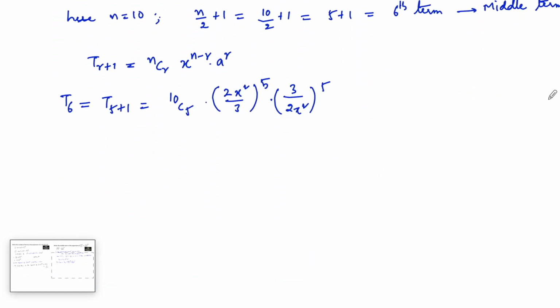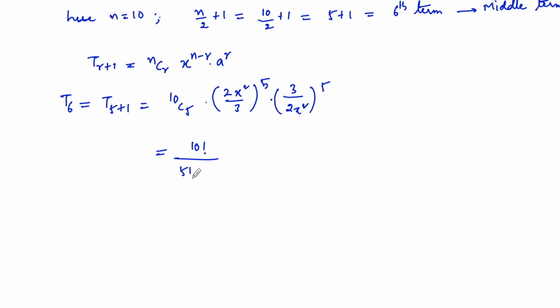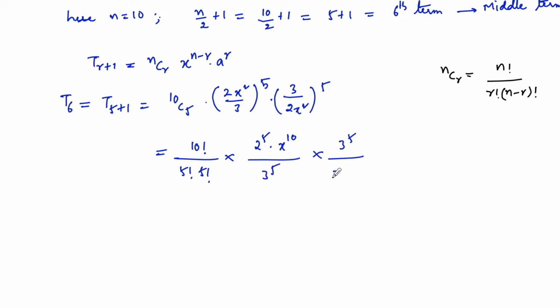Upon simplifying, this is 10C5, that is 10 factorial divided by 5 factorial into 5 factorial, since we know that nCr is equal to n factorial by r factorial into (n−r) factorial. So into here it's 2^5 into x^10 divided by 3^5, into 3^5 upon 2^5 into x^10.